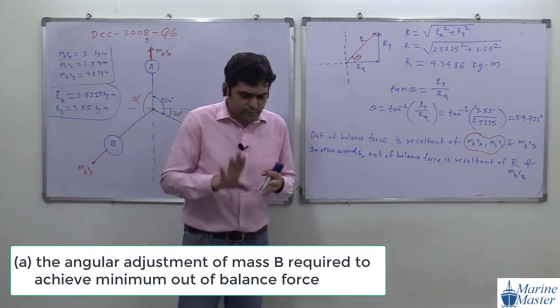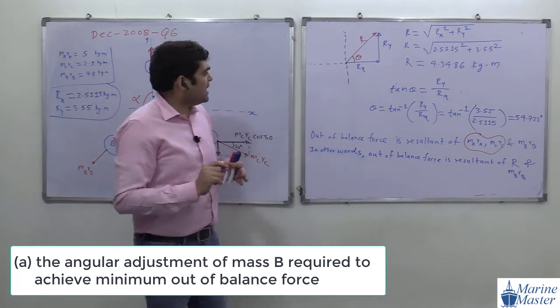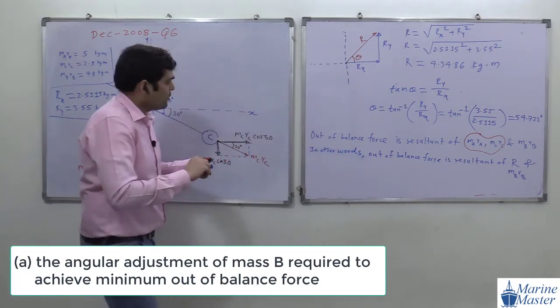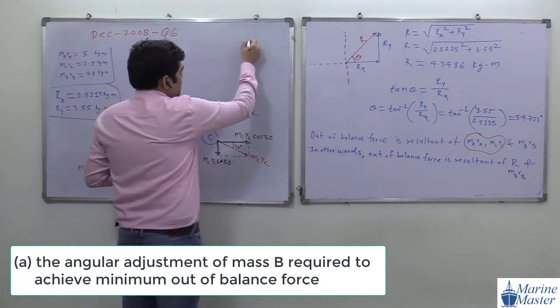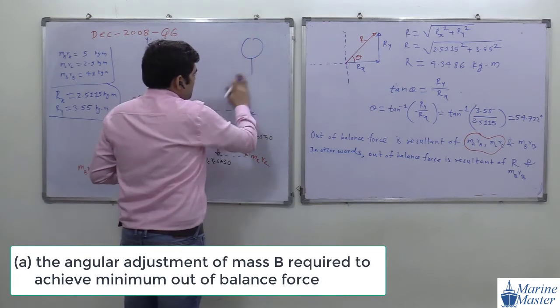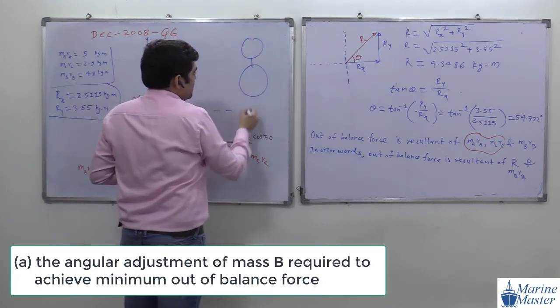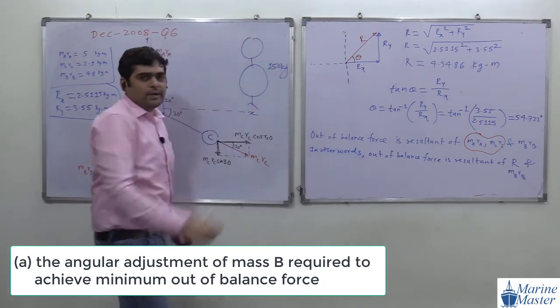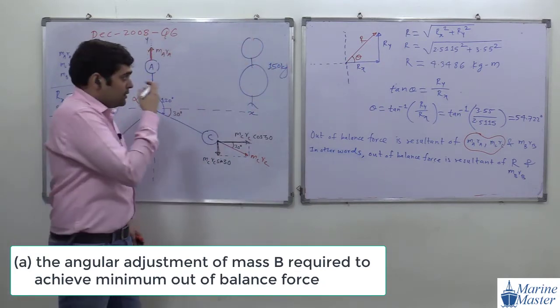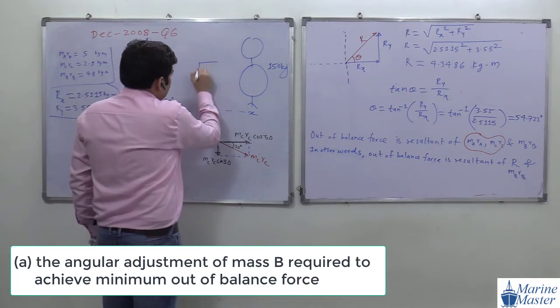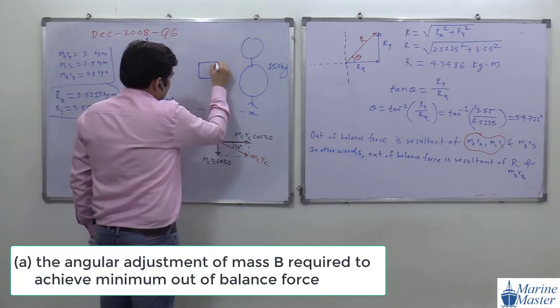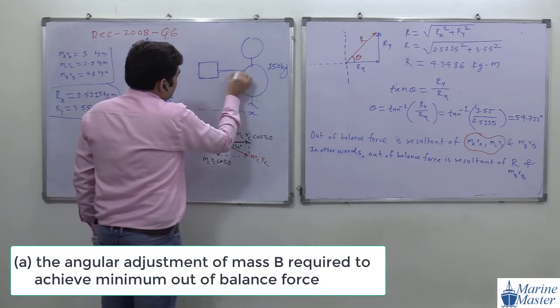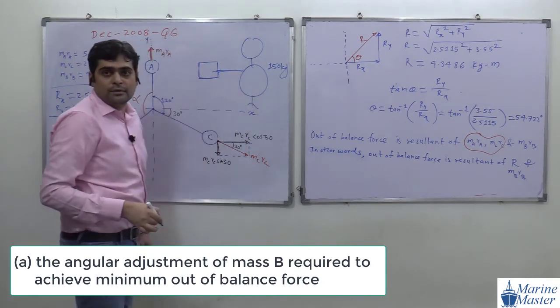See the scenario. There are two persons. One is a very big person, 150 kg. And there is a mass here. He tries to pull the mass on this side.